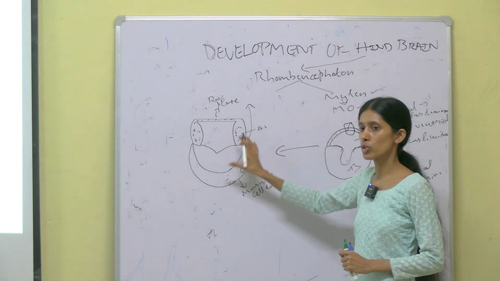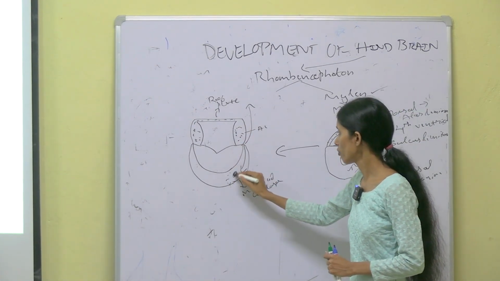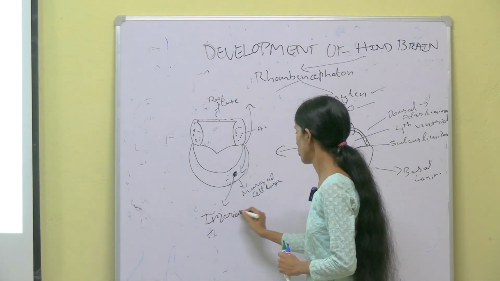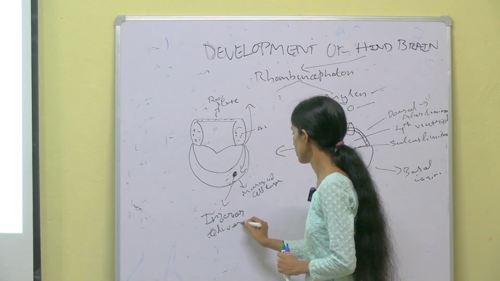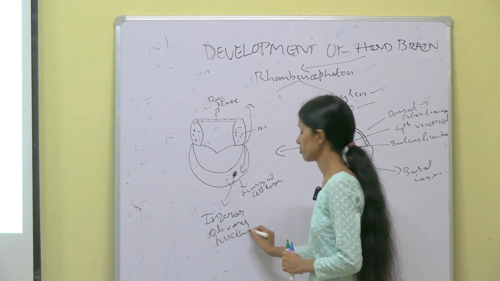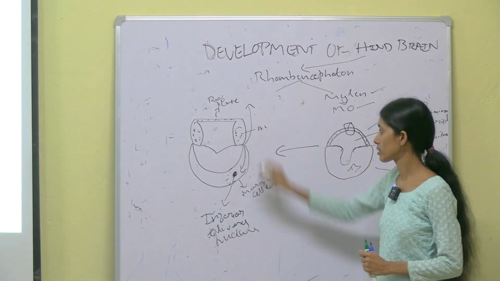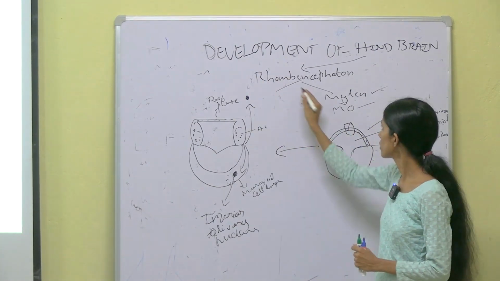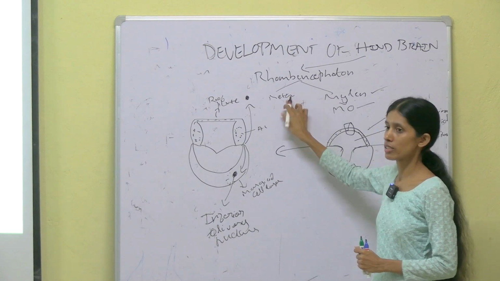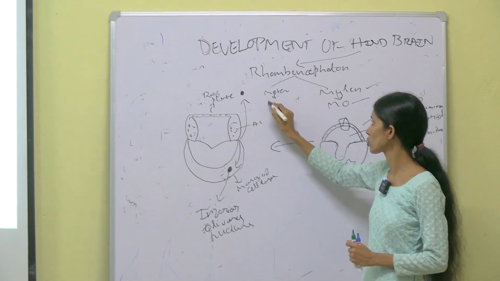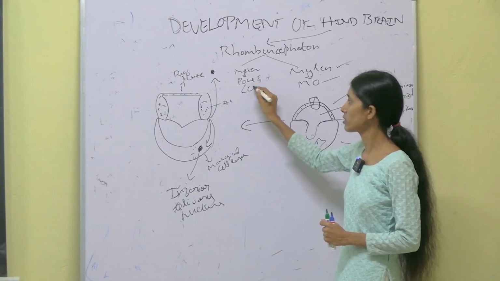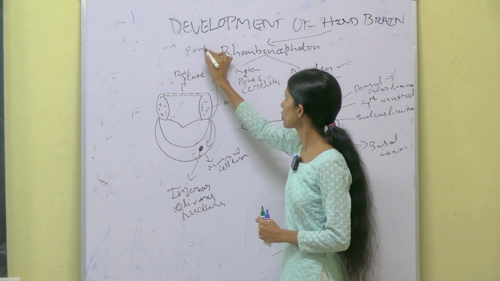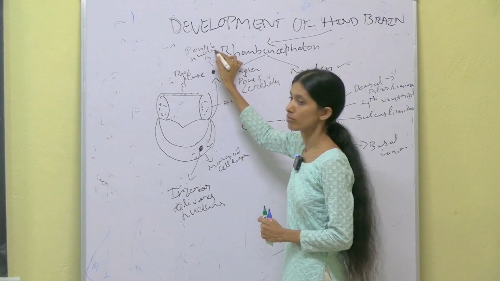The cells which move in the downward direction will give rise to the inferior olivary nucleus. And the cells which move in the upward direction move towards which part? The Metencephalon part. Your metencephalon part is going to give rise to your pons and cerebellum, right? So this will give rise to your pontine nucleus.